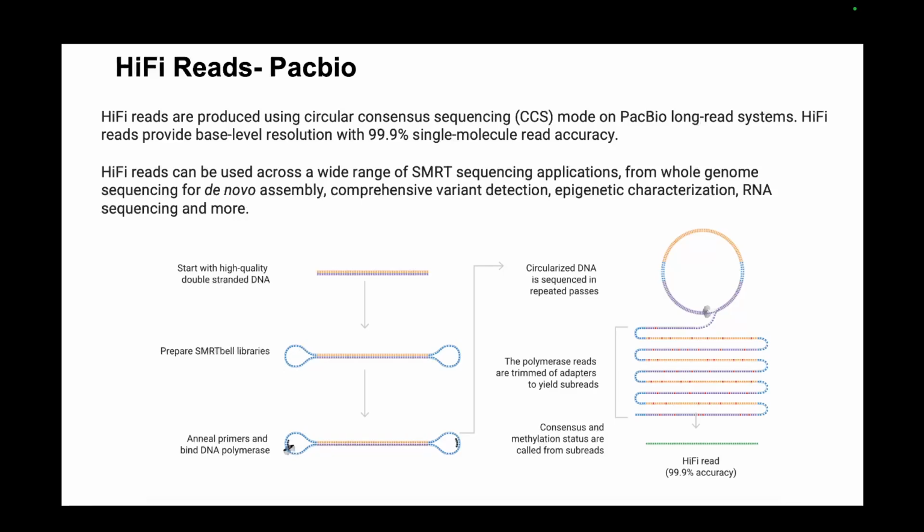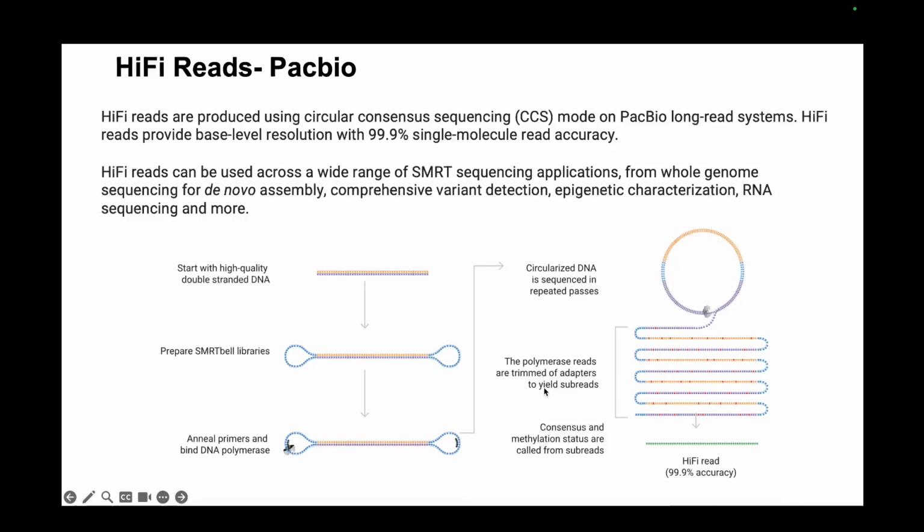You start with high quality double-stranded DNA, and you circularize the ends of these reads to form SMRTbell libraries. Then you add primers to these areas which are not double-stranded, and you add DNA polymerase, which will synthesize the strand. It sequences the circularized DNA in repeated passes, so it turns into a circle, which is a whole circular double-stranded DNA.